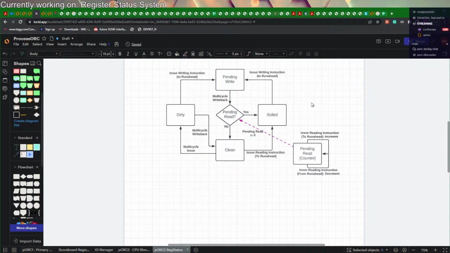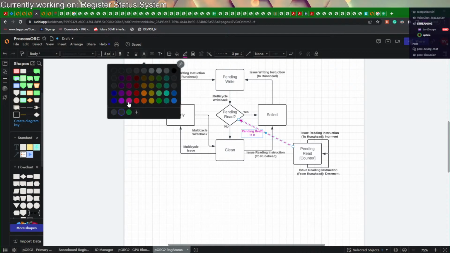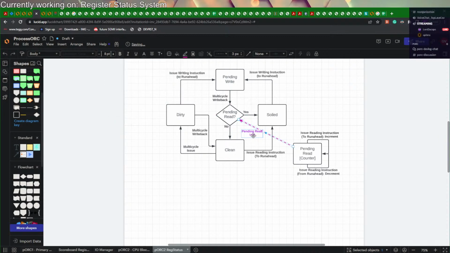Okay. So if the pending read has, I'm gonna change that text color so it matches a little bit. Okay, so if there's a pending read, I actually hate that that's a straight line.